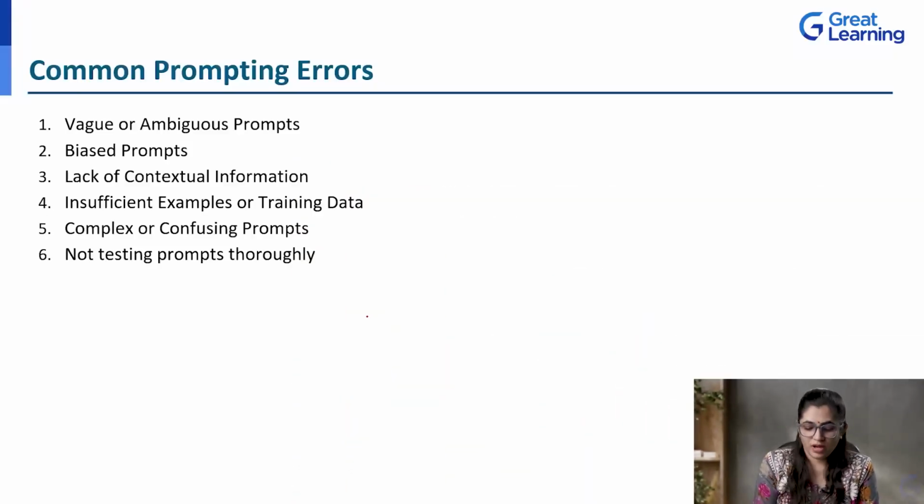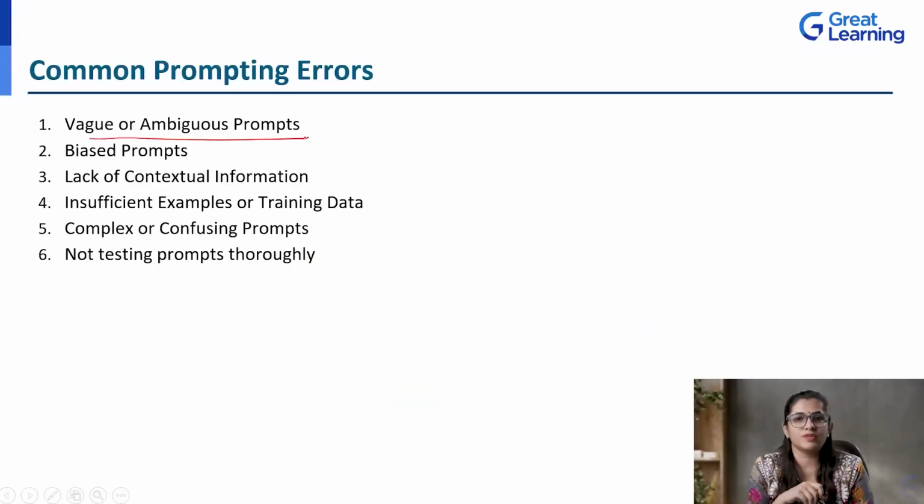Let's now see common prompting errors. So, vague or ambiguous prompts, when you just write, what is prompt engineering? That is your vague and ambiguous prompts where you do not have any context, instruction, what to do. Just vague prompts.